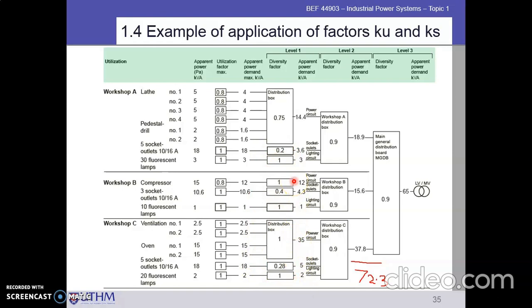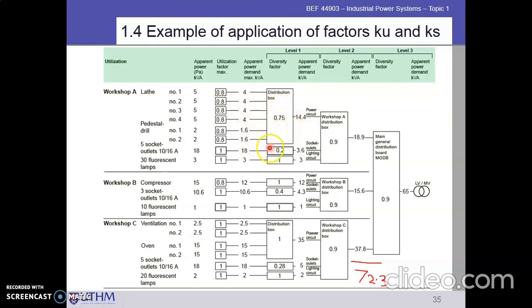So to get the apparent power demand, we have to multiply the diversity factor with the maximum apparent power demand. Then we get the total power. So this 14.4 is based on the total power connected to the 0.75 diversity factor.